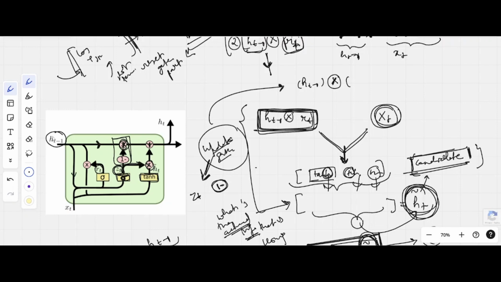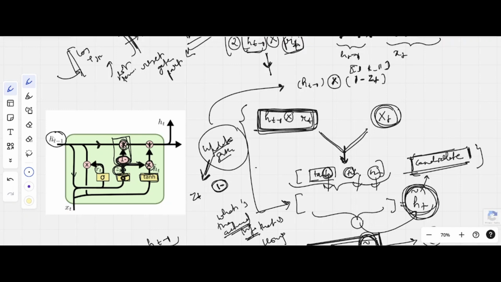This is happening with zt, but there is a pointwise 1 minus operation happening here. So we are doing this 1 minus zt. This 1 is actually a vector of ones. So if in zt there are 3 elements, then this 1 will be a vector of ones with 3 elements, 3 ones.